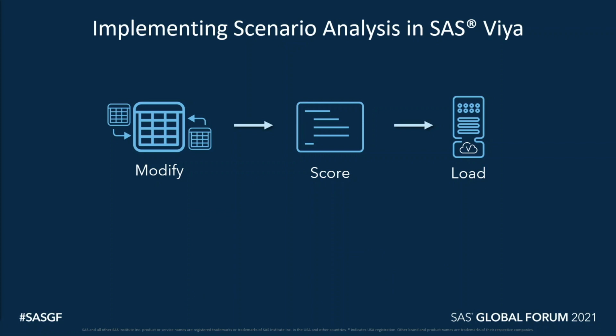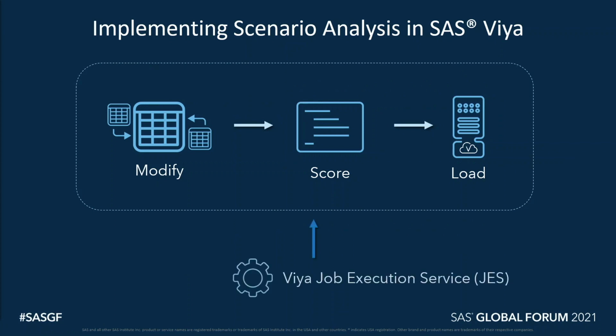An easy way to do that is through the Viya Job Execution Service. The Job Execution Service is SAS code that runs other code. It doesn't matter what that code is. It could be other SAS code, R code, Python code, or an API that you call. As long as it does these three things, other people can run your scenarios.